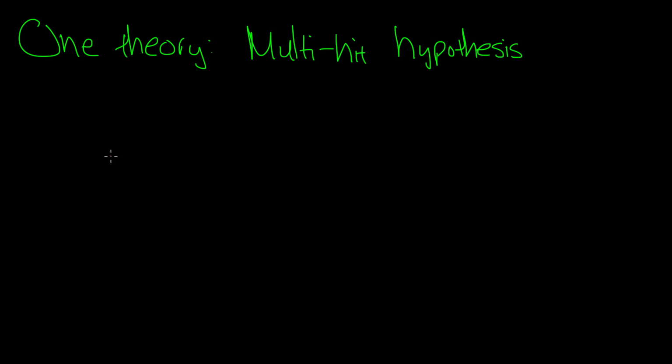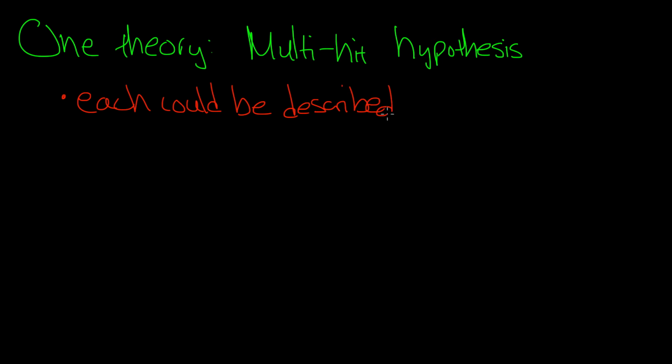So with the multi-hit hypothesis, the idea here is that there's a minimum number of mutations required to lead to a cancer cell. Each of these mutations could be described similar to what we showed in the last slide, where we have that progression all the way from a SNP to an amino acid, protein, altering maybe a signaling pathway, and then eventually causing some sort of phenotypic change.